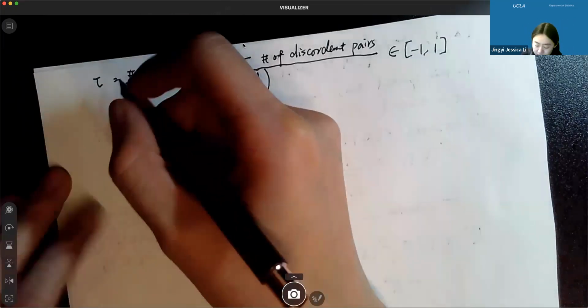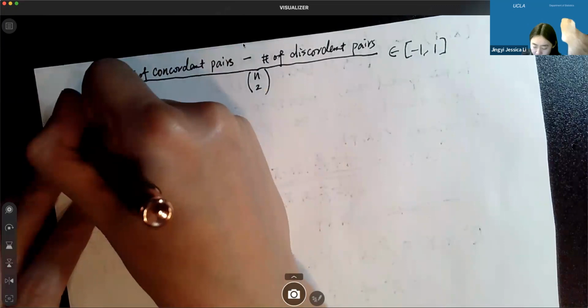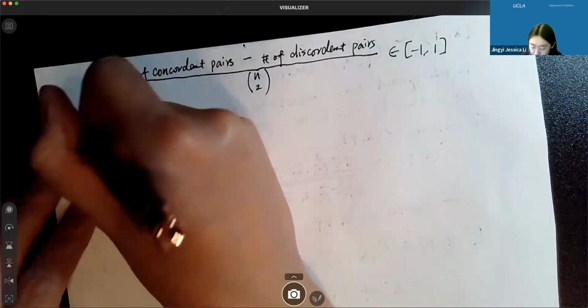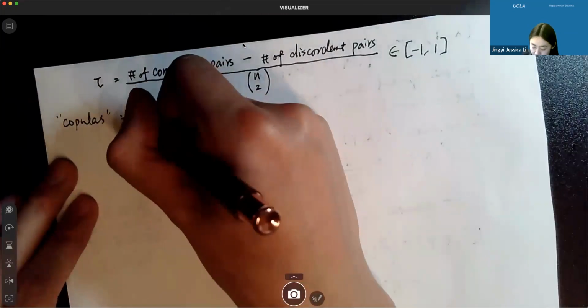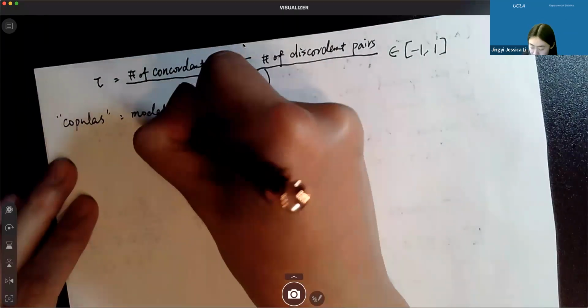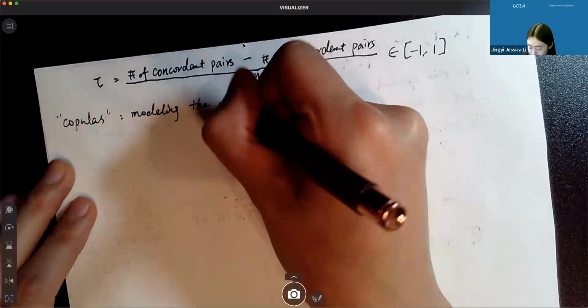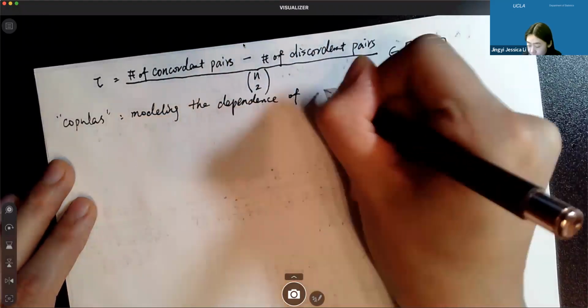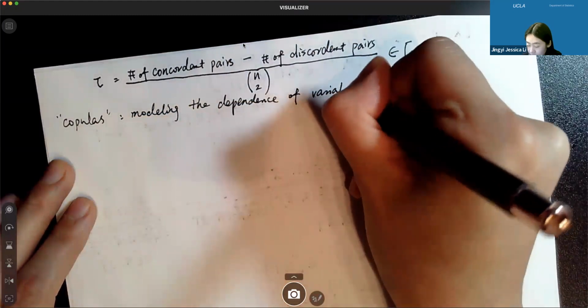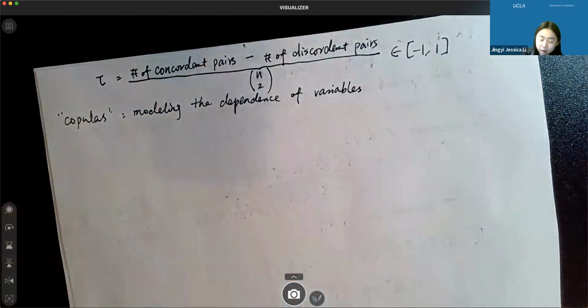Like there's a technique called copulas. So the copula technique is very useful for modeling the dependence of variables. It allows you to use the marginal distribution of variables combined with the copula to get a multivariate joint distribution.